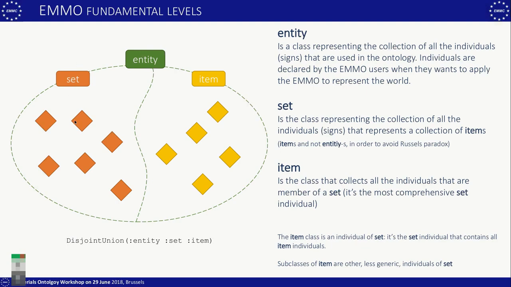So one individual of set is a class of item, and also a subclass of item is an individual of set. So in this sense, set is a metaclass that can be used to contain, in the ontology, all the sub levels of the EMMO under item.